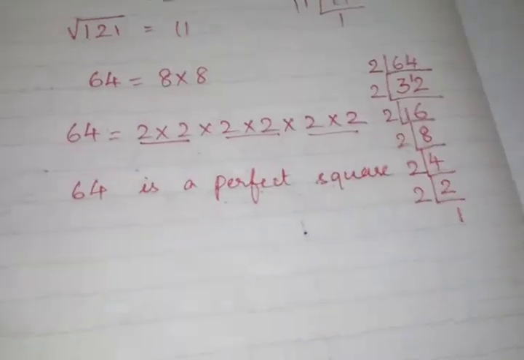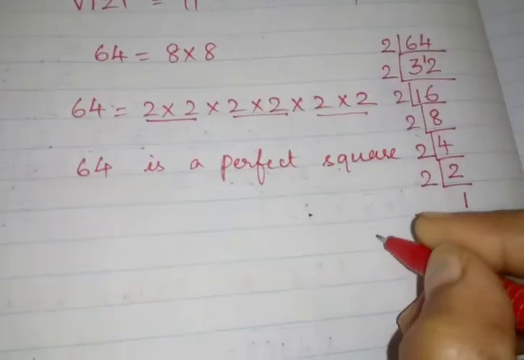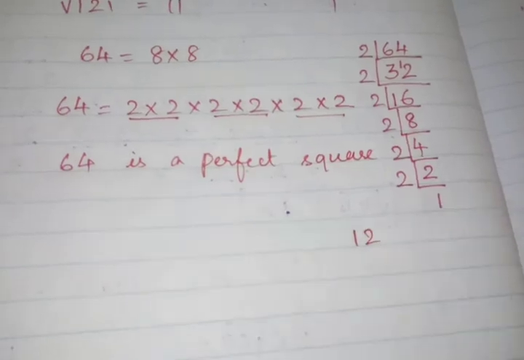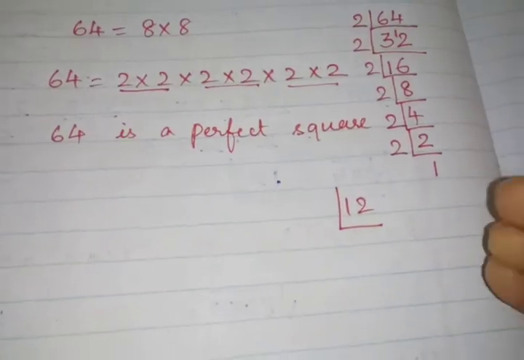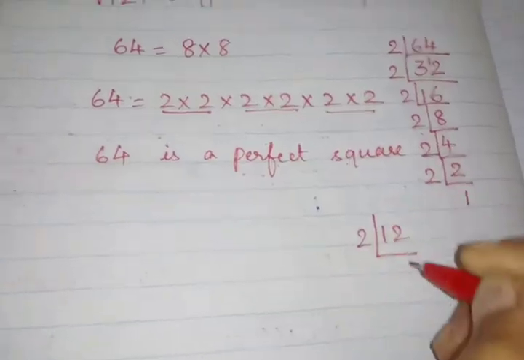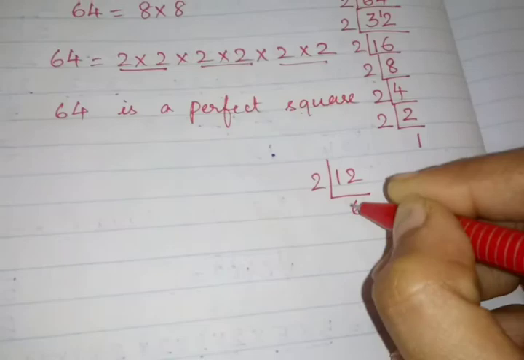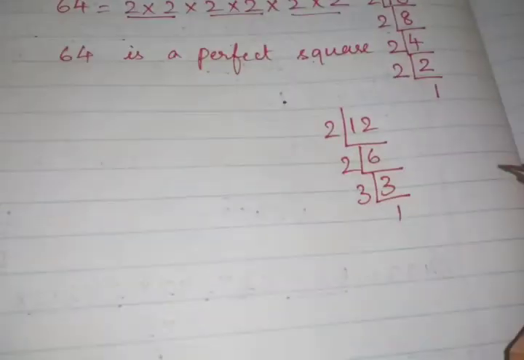Now for example, I'll take the number 12. I'm going to check whether this number 12 is a perfect square or not. In the 2 table, 2 sixes are 12, 2 threes are 6, 3 ones are 3.